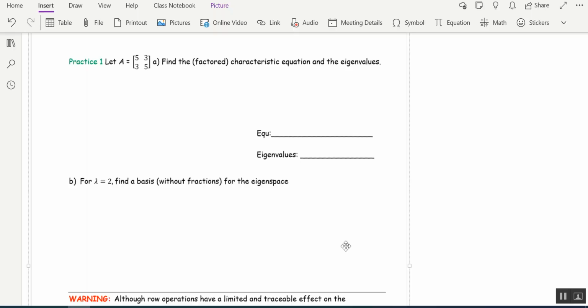All right, hopefully you did that. I'm going to go through the solution fairly quickly. A minus lambda I is the matrix. 5 minus lambda, you're just going to subtract lambda on the main diagonal. 3, 3, 5 minus lambda.